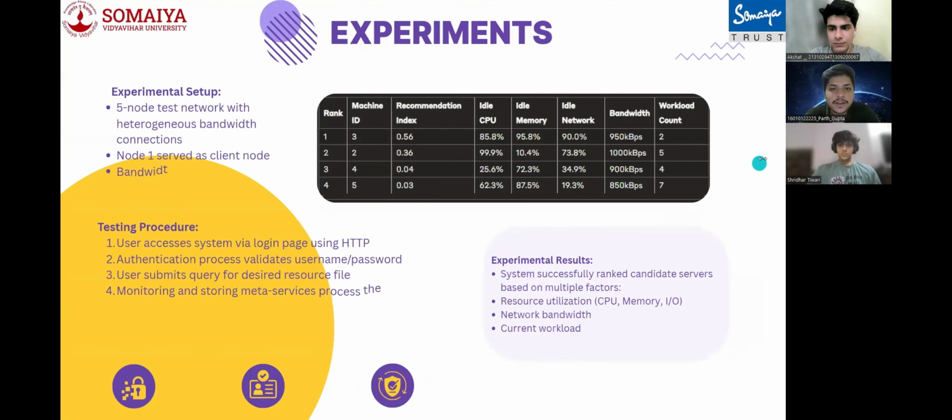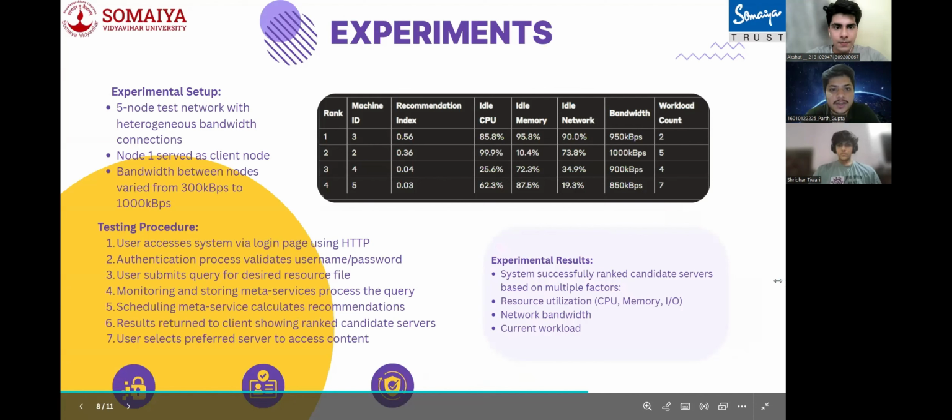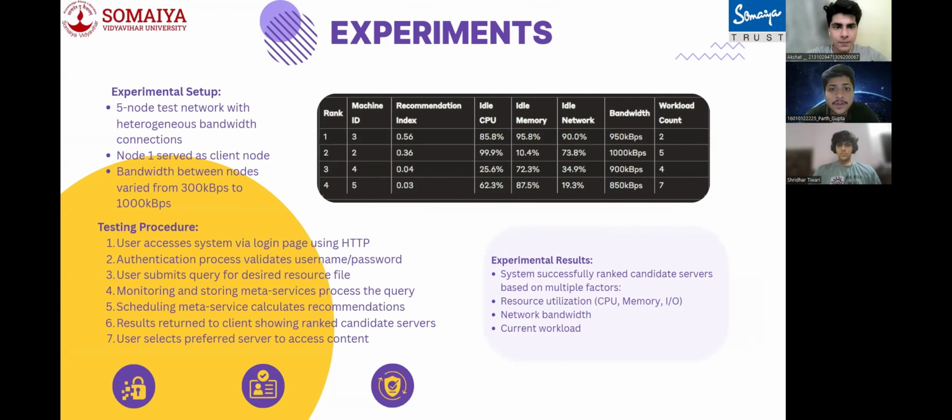For experimental validation, we set up a 5-node test network with heterogeneous bandwidth connections, where node 1 served as the client node. Bandwidth between nodes varied from 300 kbps to 1000 kbps to simulate real-world conditions. Our testing procedure followed a comprehensive workflow. Users access the system via the login page, authentication validates credentials, and users submit queries for resource files, which meta services process.